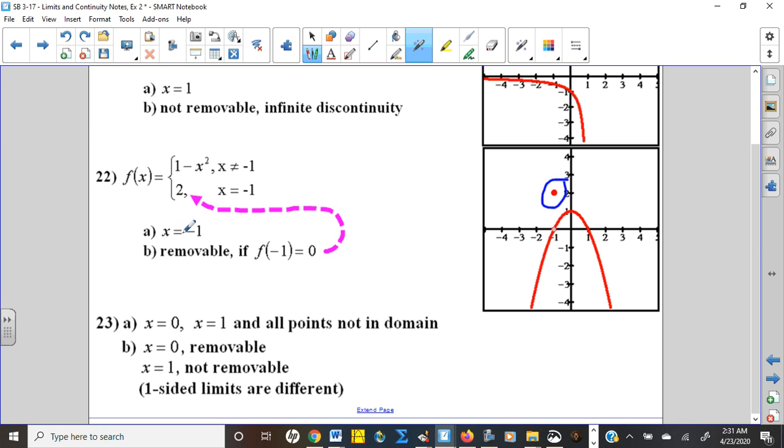There's a removable discontinuity at x equals -1. But if I just change this to 0, if I redefine the piecewise function to have a value of 0 when x is equal to -1, that fixes that up, right? It fills in that discontinuity. And that's 22.